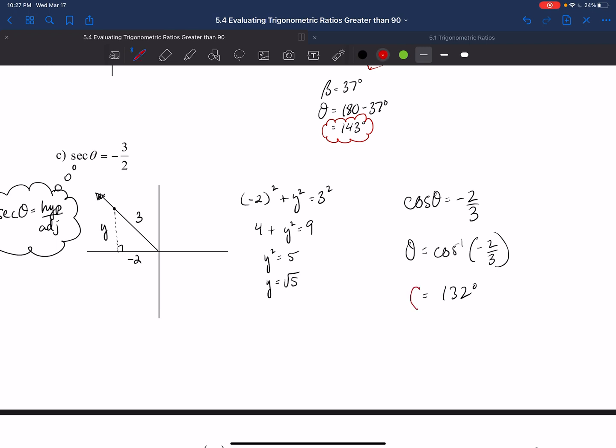So that's my answer. That's theta anyway. I just didn't show what the related acute angle is. So the related acute angle would be the difference between 132 and 180. So what, 48?